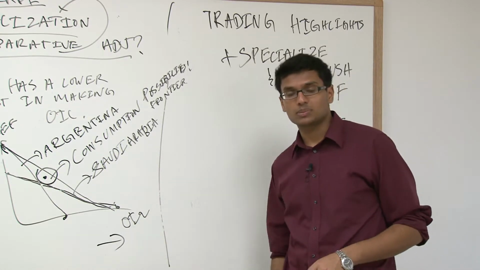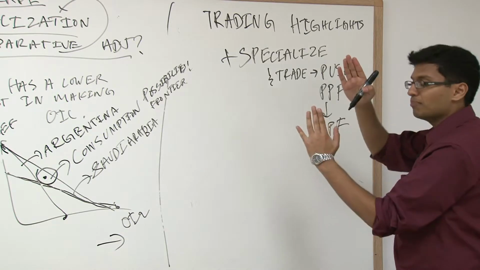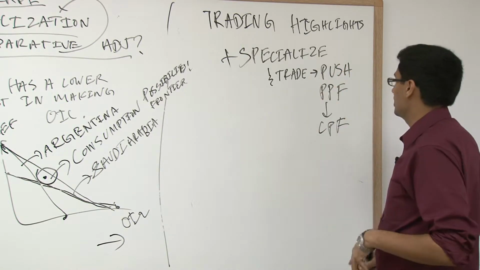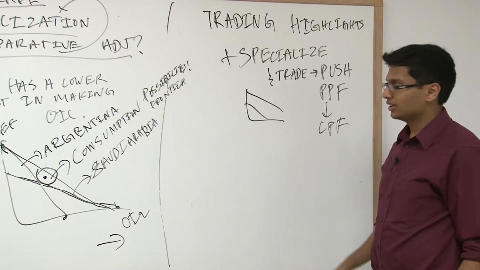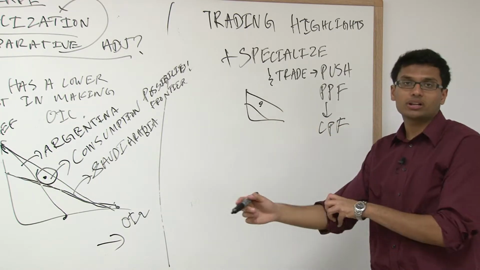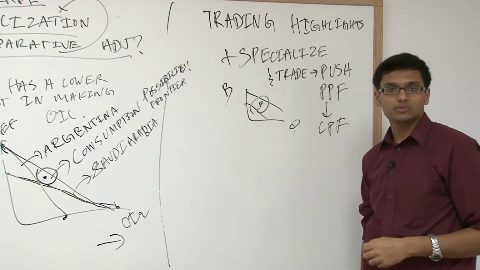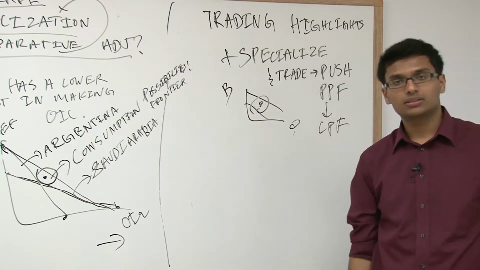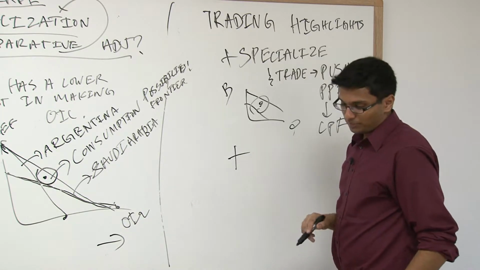Okay, that's when those two PPFs got combined to the maxes. So we created a new CPF. So all of a sudden, our graph sort of looked like this. And this point at which we want to consume, right? If this is beef and this is oil, we can actually consume this point. Okay, great, awesome.